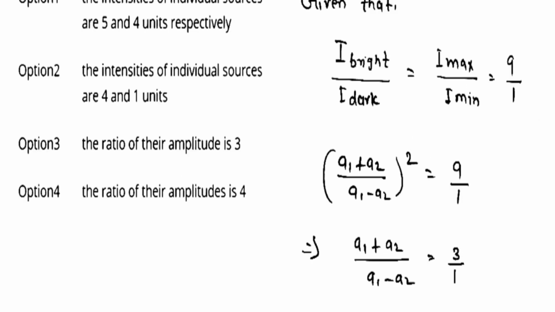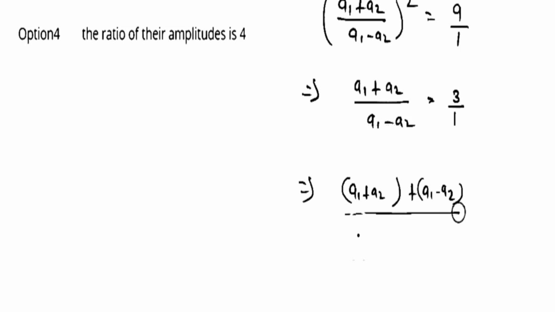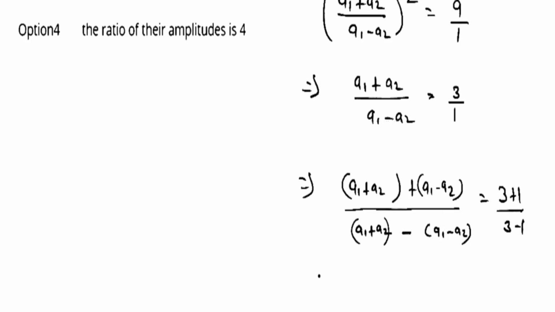By using componendo and dividendo, we can write (A1 plus A2 plus A1 minus A2) divided by (A1 plus A2 minus A1 plus A2) equals (3 plus 1) divided by (3 minus 1).